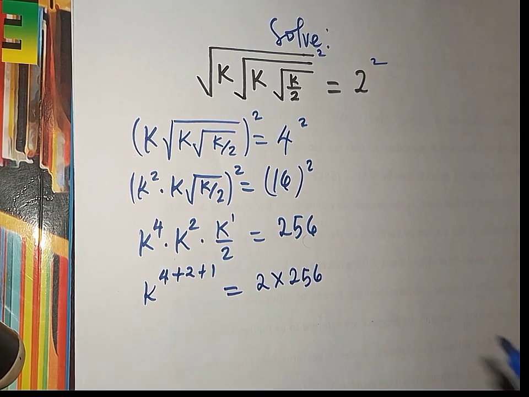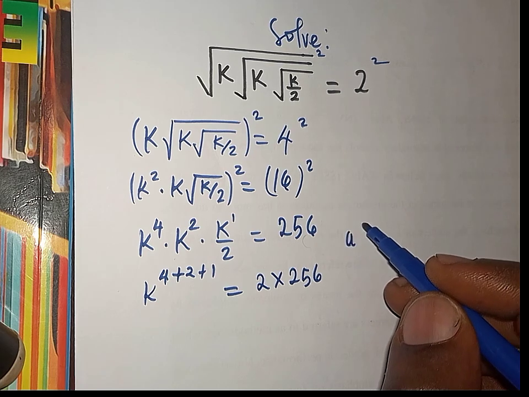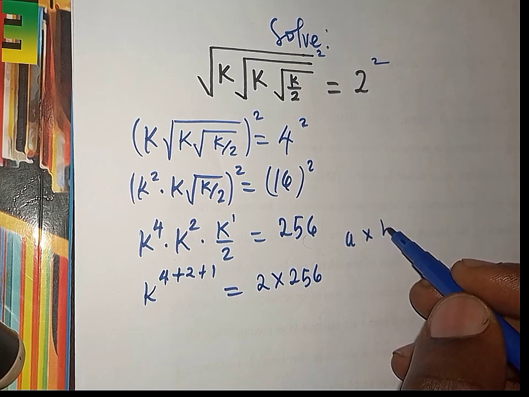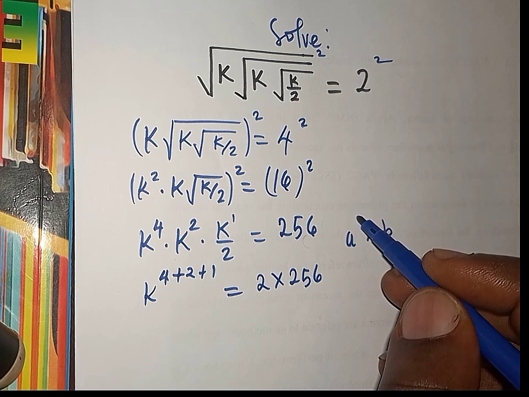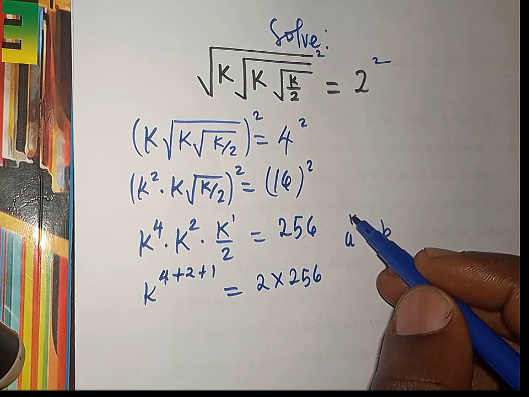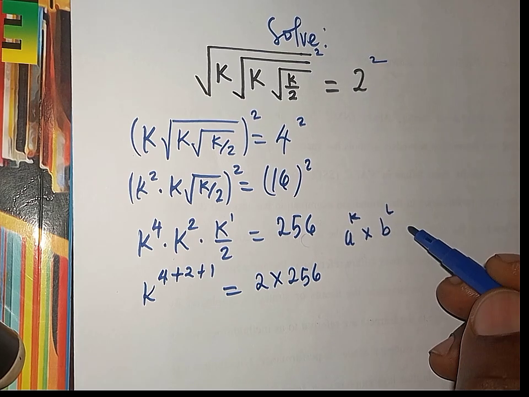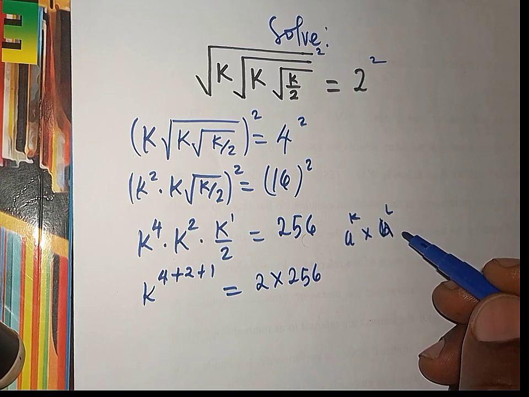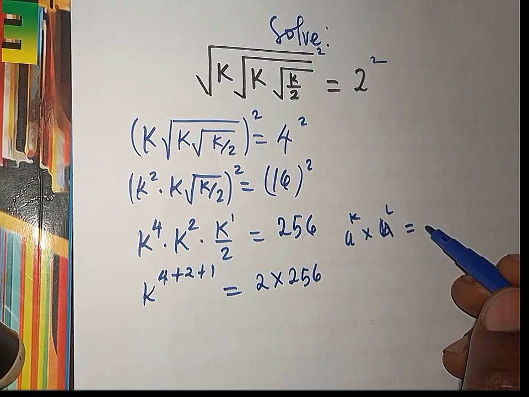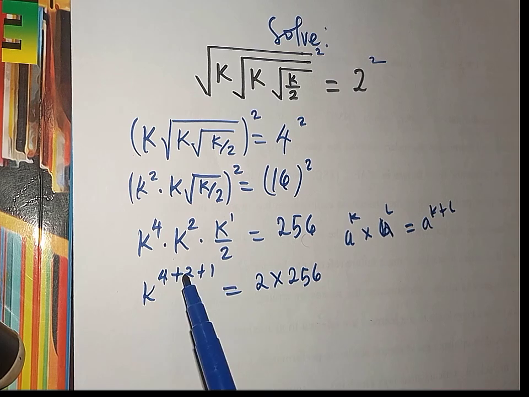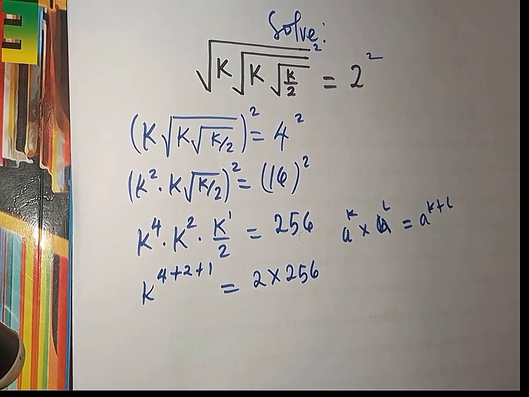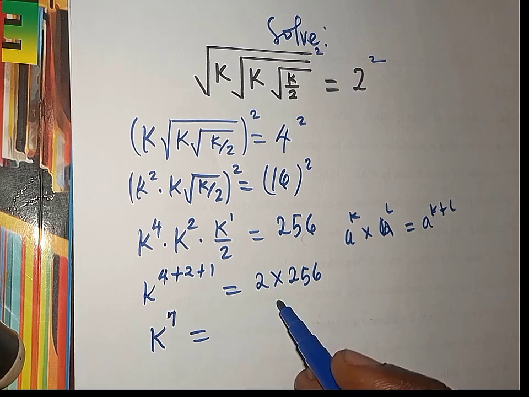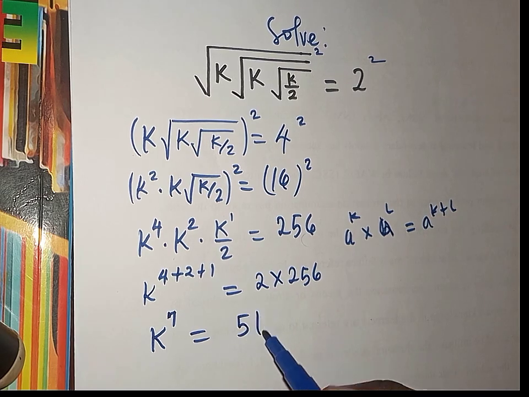What we use here is that when you have a to the power k times a to the power l, that is a to the power k plus l. That is what we use there, right? So now we see that we have k to the power 7 equals 2 times 256, that will give us 512.